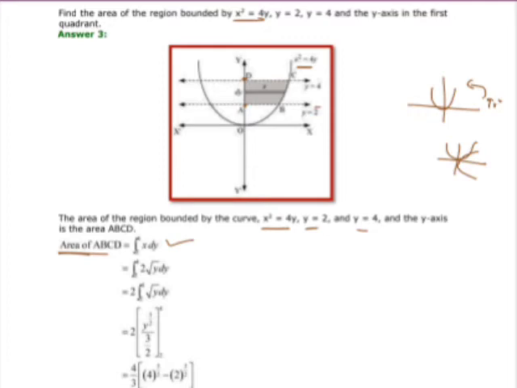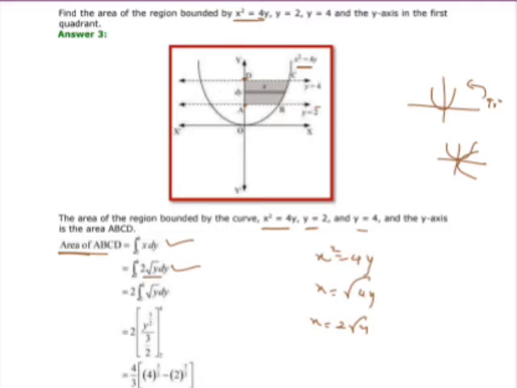When the strip is horizontal, we integrate with respect to y, that is dy, right? From x square equals 4y, x is root of 4y, so finally we get the value of x as 2 root y, so it is 2 root y dy.